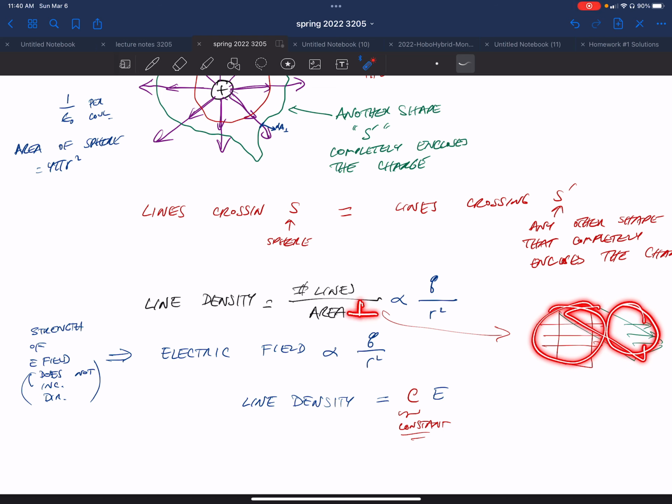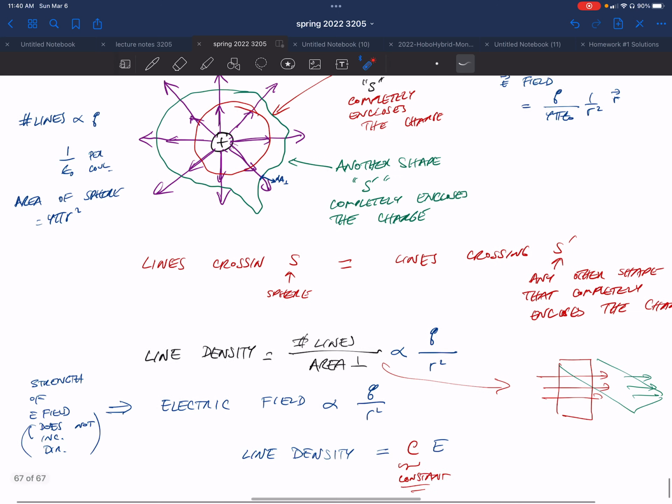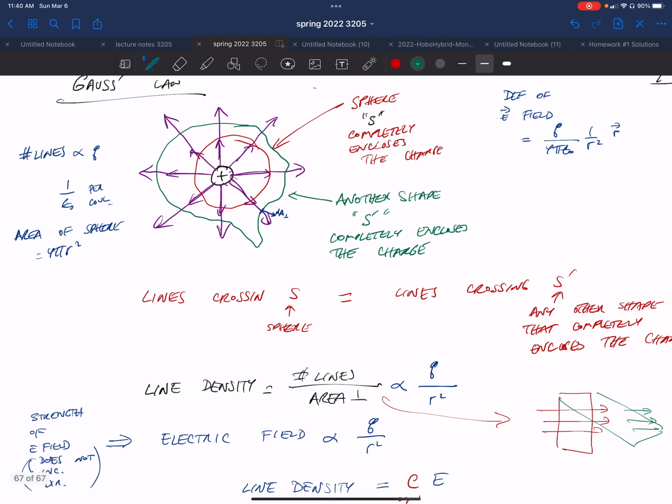That's why we're calling this area perpendicular. So it's a dot product of the vectors between this and the vector for the area, which we said is perpendicular to the surface. In this case, it'd be like that. Just a reminder. Okay, so let's call this equation 1, so I can refer to it again.